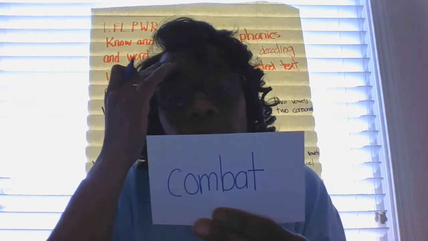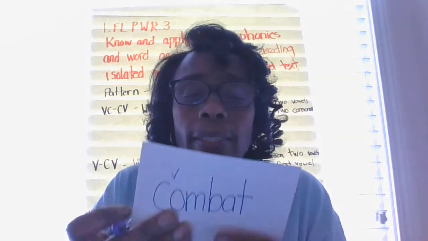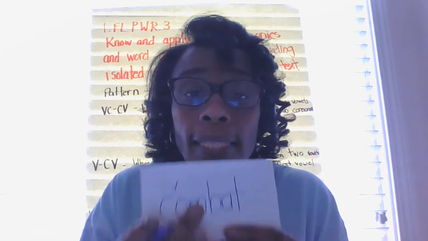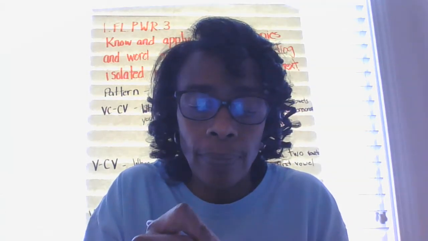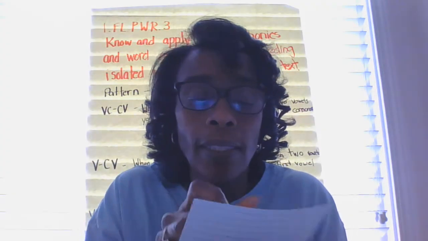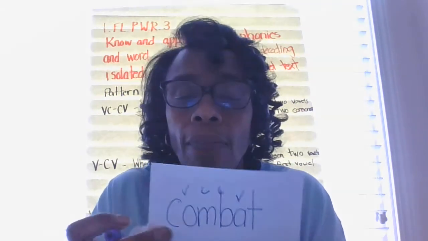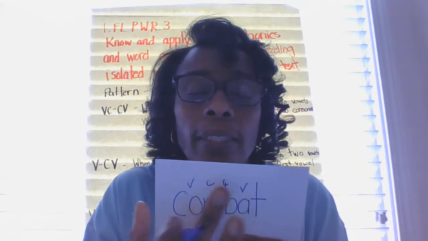And we can check our pattern. So we have a vowel, and next to the vowel, we have a consonant. And next to that consonant, we have another consonant. And then we have another vowel. So we have vowel, consonant, consonant, vowel.